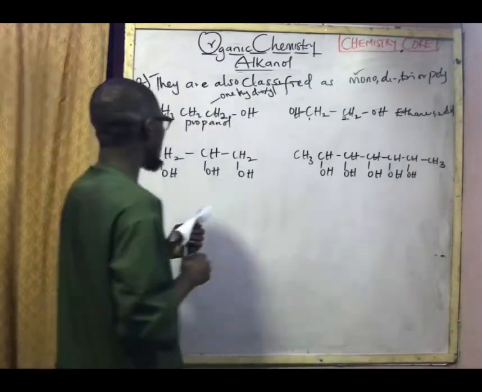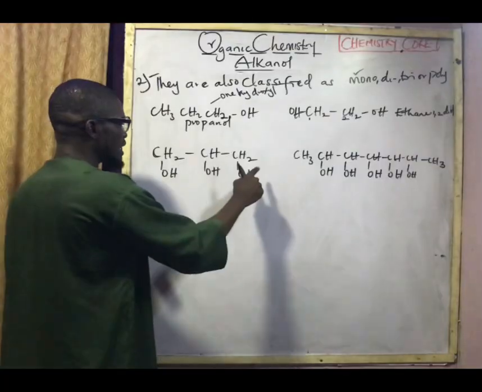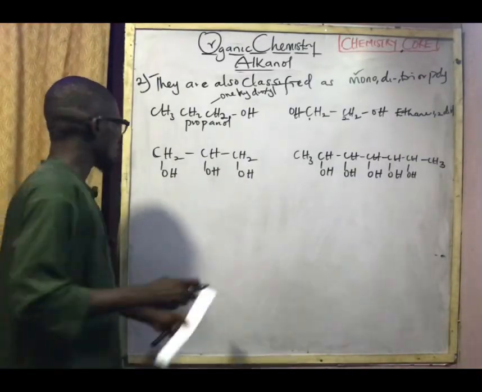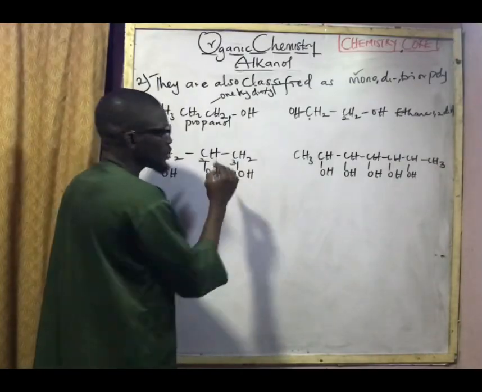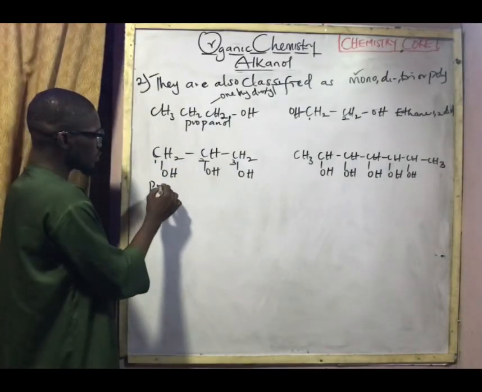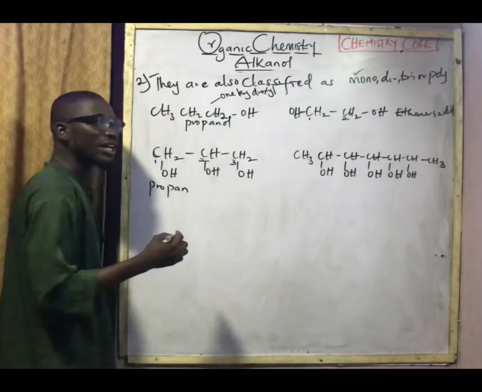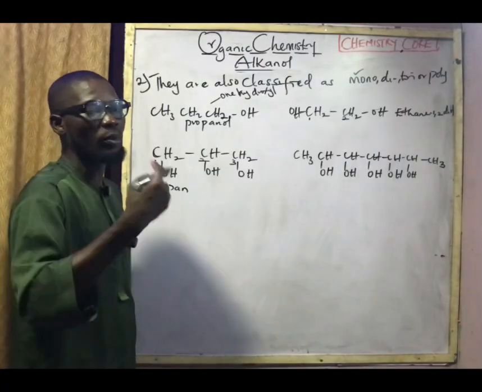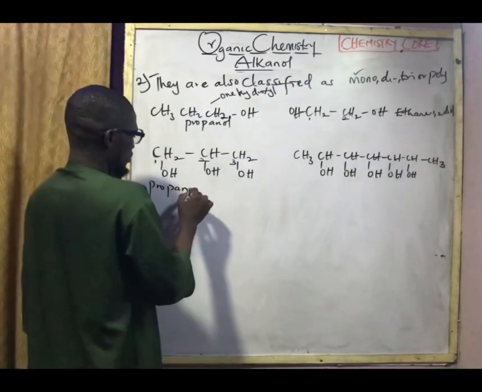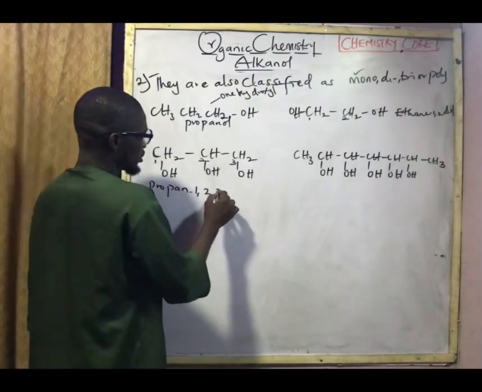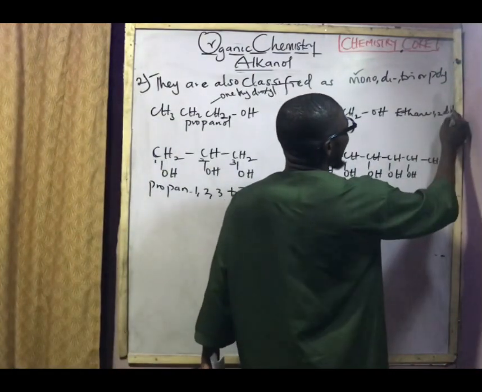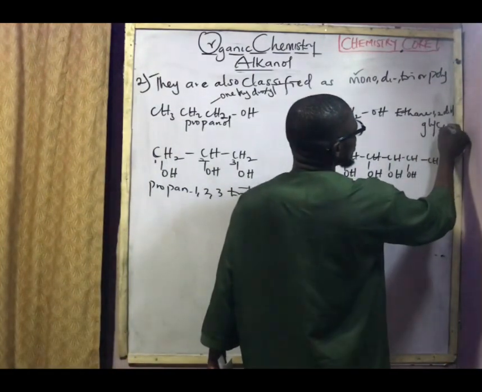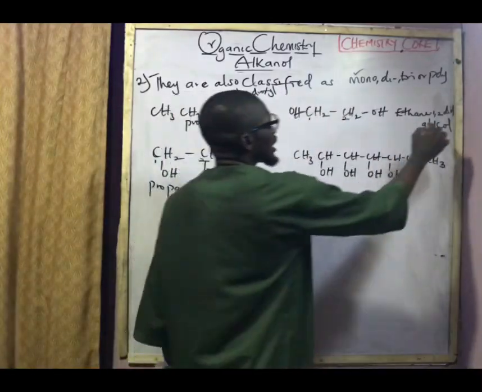Now, guys, we have a longest chain here, which is prop, 3 carbons. So you number it: 1, 2, 3. We call it propane 1,2,3-triol. This diol, you can also call glycol.